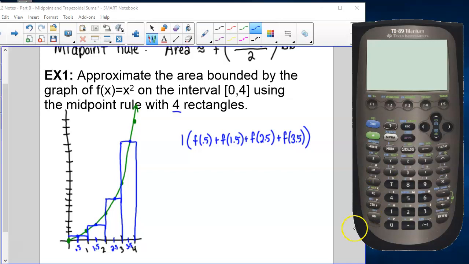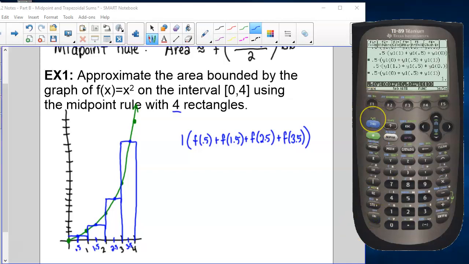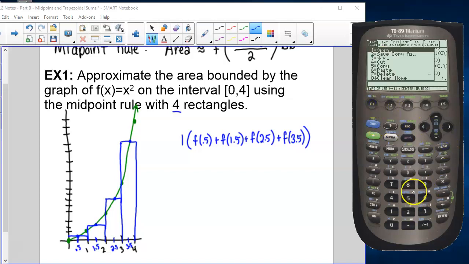And so let's use our calculator, but I'm not going to put this into y1 just because it's too easy. Because our formula is just x squared.